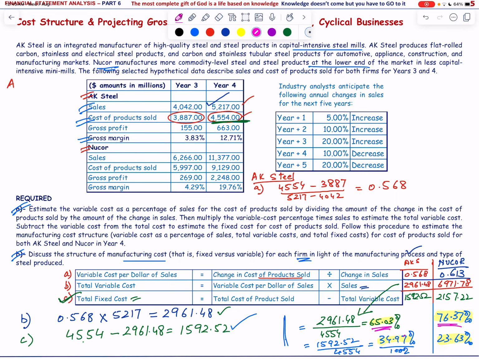So the impact of changes in production levels on its total cost is less pronounced as compared to companies with higher proportion of variable cost. So consequently, the variable costs are a smaller percentage of sales of AK Steels, and that's all I would like to talk about.